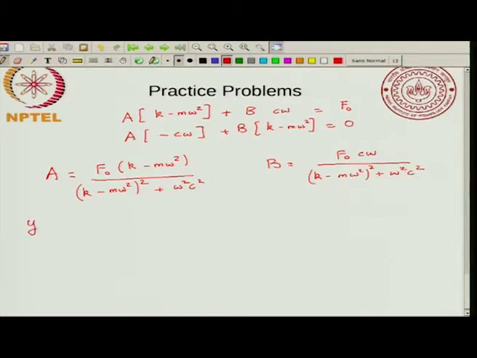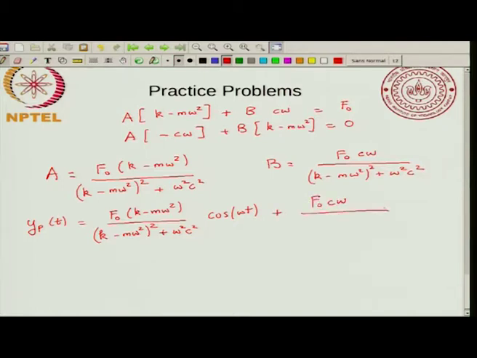So yp of t is equal to f0 times (k minus m omega square) divided by (k minus m omega square) whole square plus omega square c square, into cosine of omega t, plus f0 c omega divided by (k minus m omega square) the whole square plus omega square c square, into sine of omega t. So this is my yp.